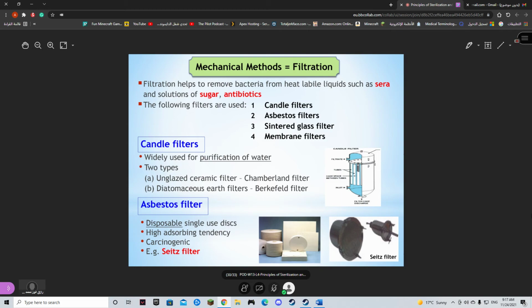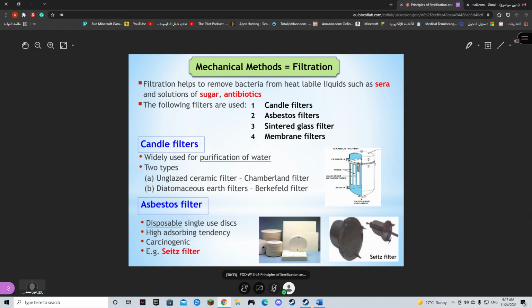Now, the mechanical method, the filtration method, different types of filtration methods. In the college we have the filters near the vice dean's office. So how do they clean the water? They have the candle filter, a special type of glazed ceramic filter. We call it the Chamberlain filter.